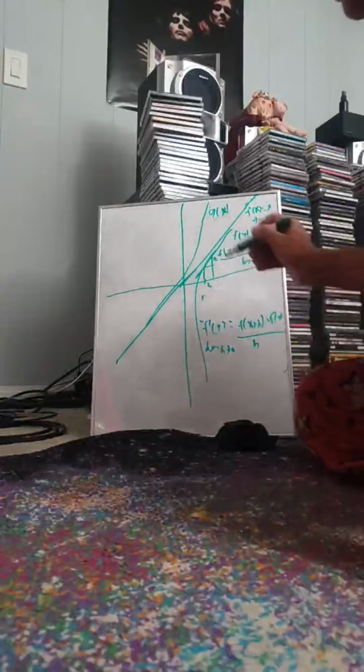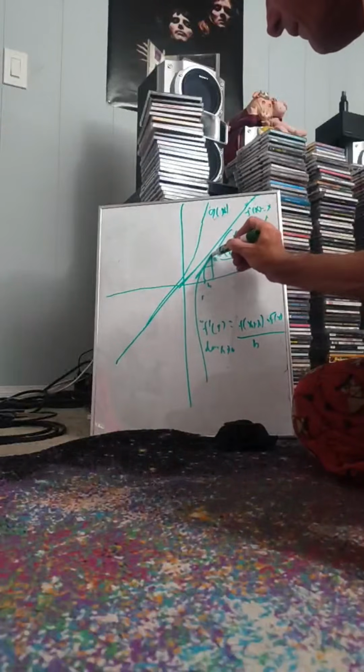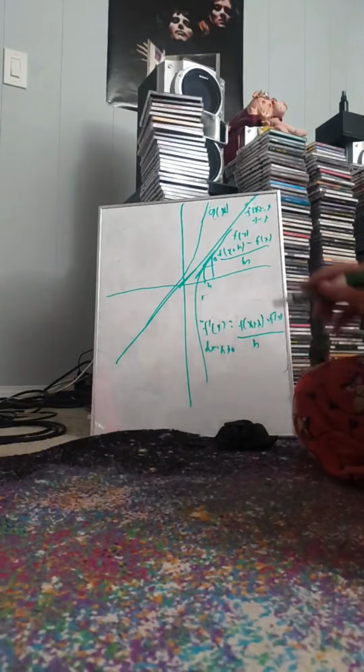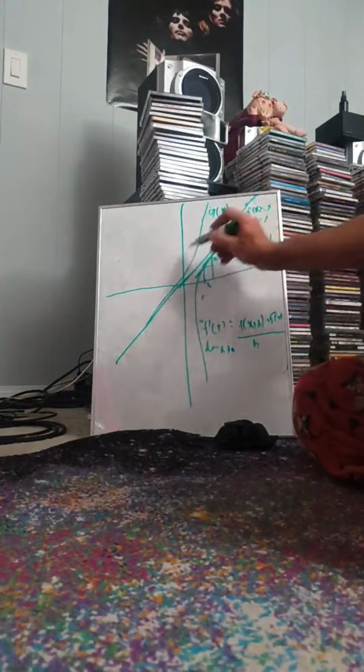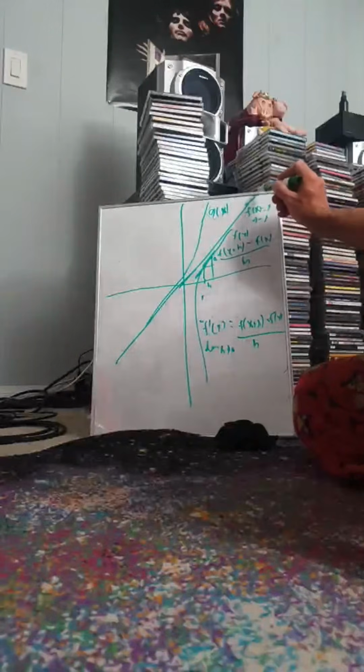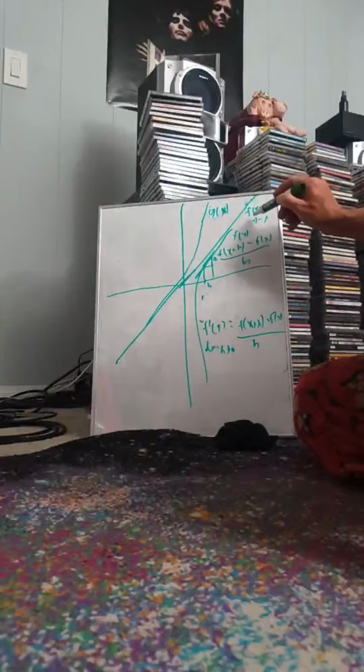And then that slope right there, because these lines are symmetrical, g of x and f of x are symmetrical about the line y equals x.